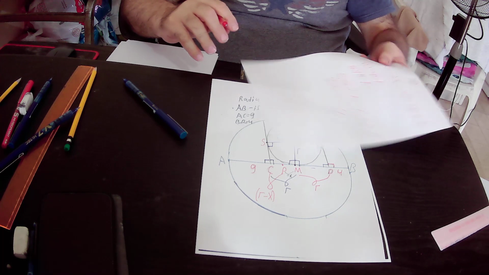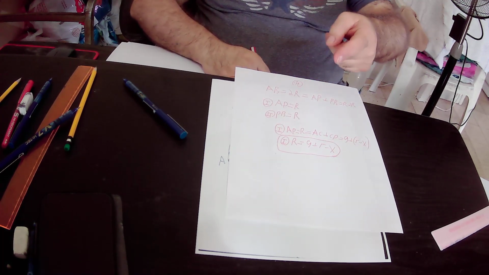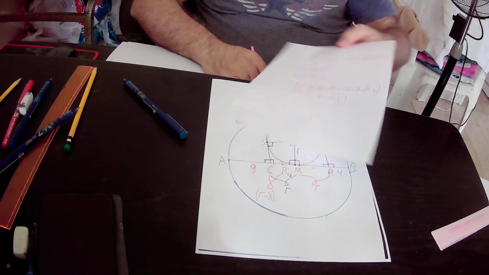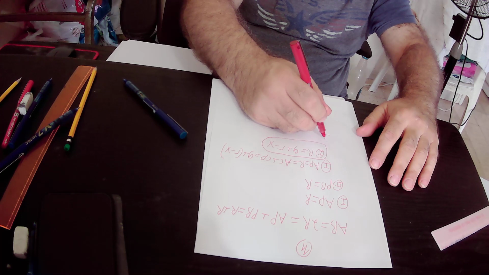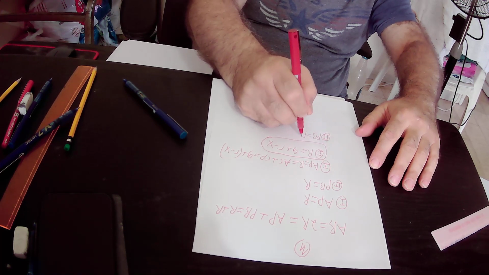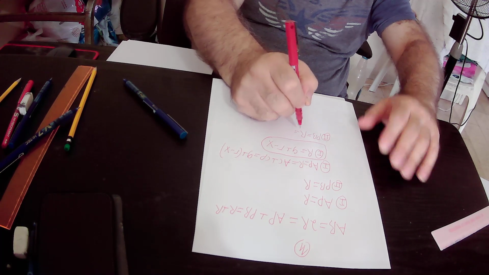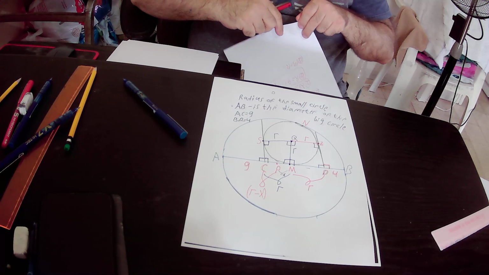Then we have our second equation, that PB equals R. According to our second equation, PB equals capital R, that is the radius of the big circle. But what is the value of PB?